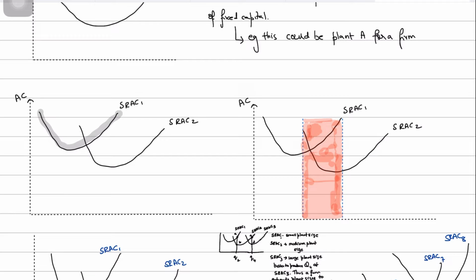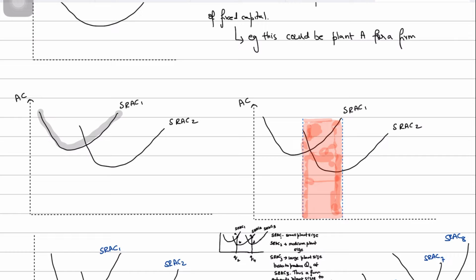Although a long run has started, there's another short run, right? Because now we have two factories, and the second factory is again the fixed factor for us, so we have another short run average cost curve associated with that second factory.